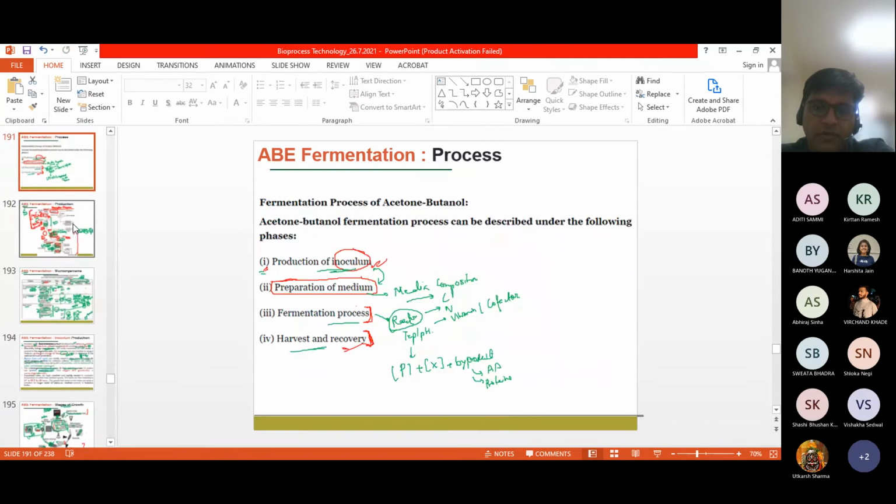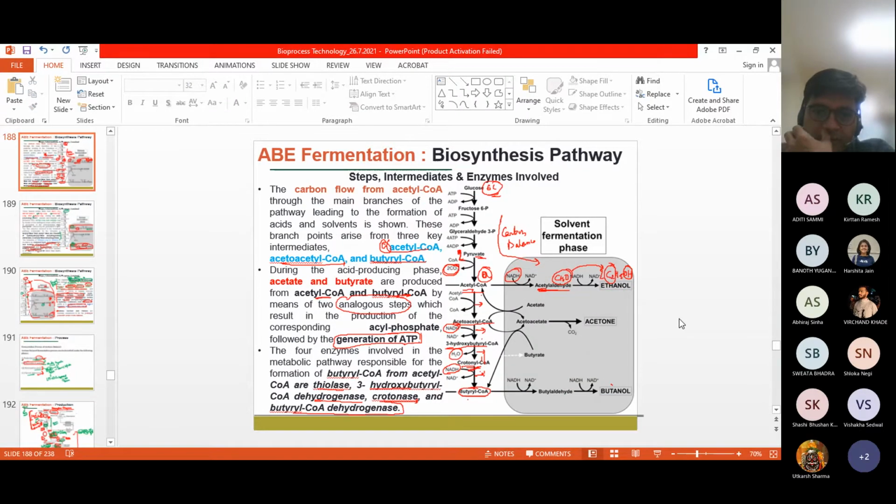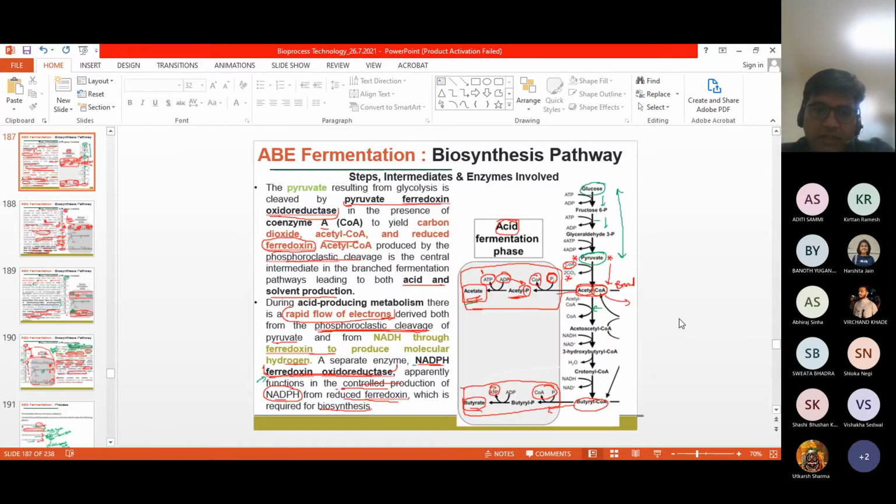For example, if you want to improve the production of ethanol, you have to have a reducing environment where you add NADH or NADPH. And if you would like to improve the production of acetone, then there are several enzymes, such as ferredoxin oxidoreductase, which can improve the acetone or the acid production.